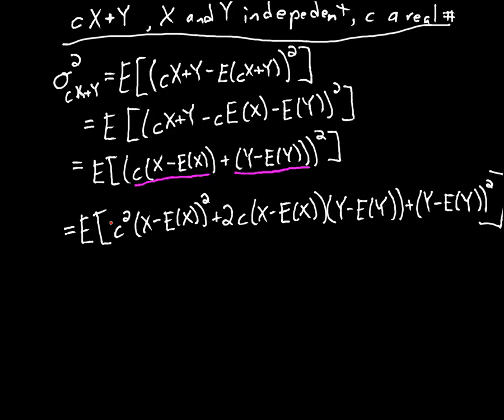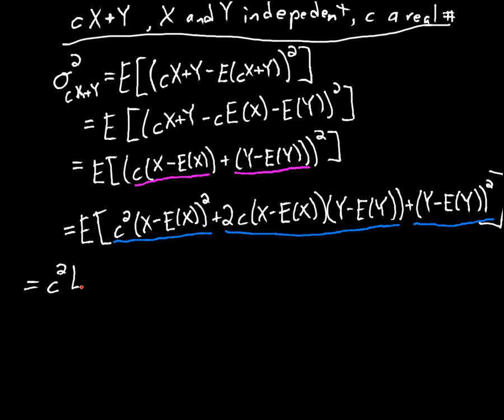Okay, now again, expectation acts linearly. So I am going to distribute the expectation over these three terms. Alright, and distributing the expectation over these three terms, first of all I'll distribute over this first term, and the c squared comes out, because that's a constant. And I'm going to give myself a little bit more space here.